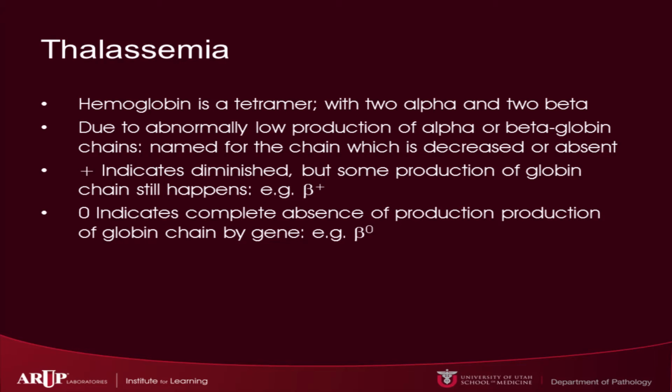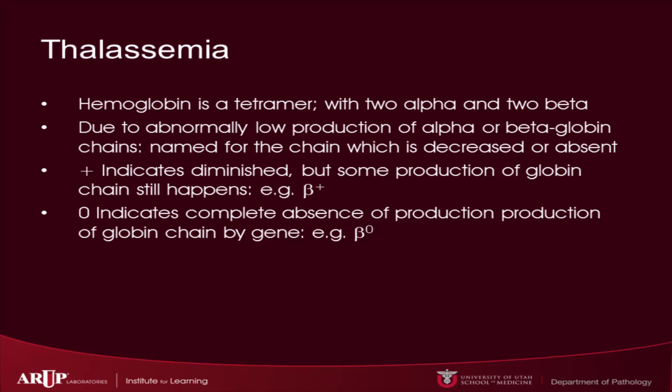It's due to low production of either alpha or beta globin chains, and it's named for the chain which is decreased or absent. So alpha thalassemia is defined by decreased or absent alpha, and beta thalassemia is defined by decreased or absent beta.